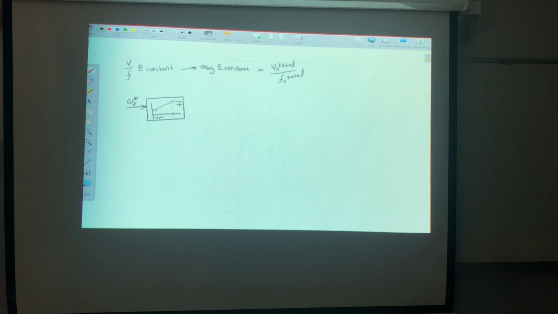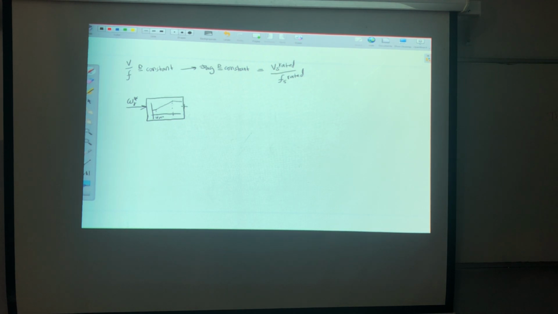I cannot impose voltage more than the rated. So instead I will enter the frequency control. After omega rated or F rated, if I need to increase the frequency above the rated, I should switch from constant V over F to the frequency control.